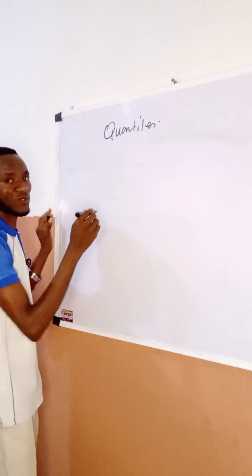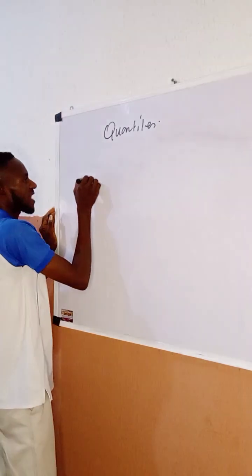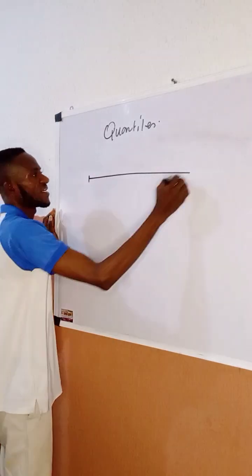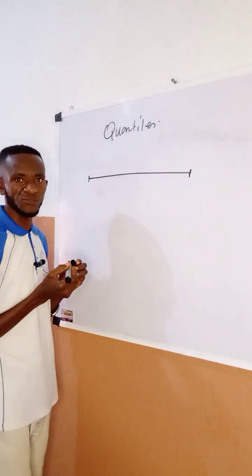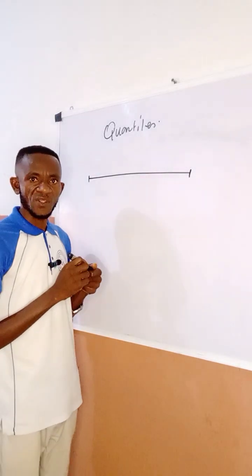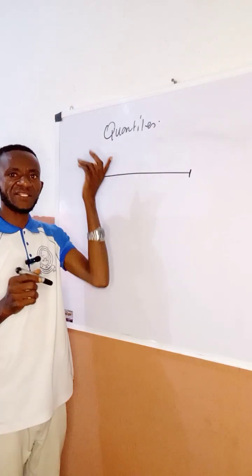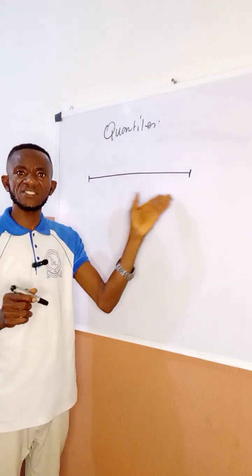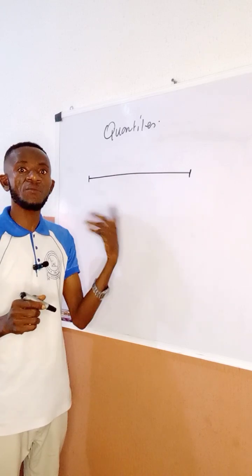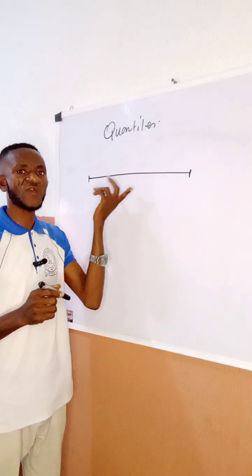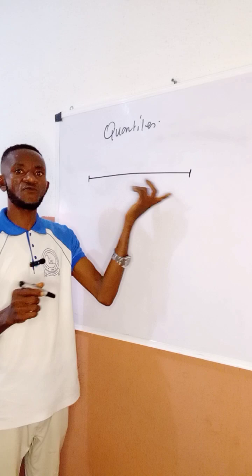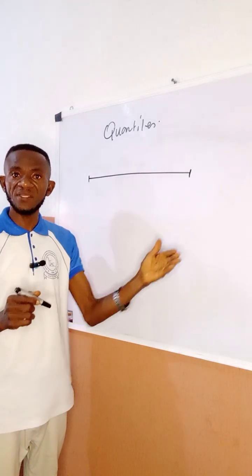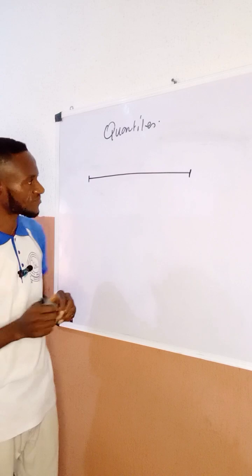Let's, for instance, consider that this line from here to here is a data set or a distribution. And we earlier said that the quartile divides a distribution or a data set into 4 equal parts. So let us try to partition this line into 4 equal parts to see clearer what we mean by quartiles.